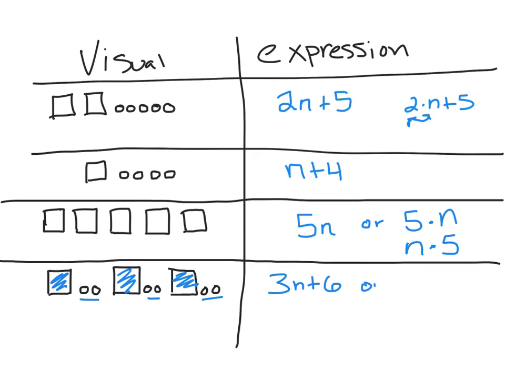However, you could also say that this is 3 times the quantity n plus 2. And I'm not going to take the time to really explain that right now. I'm just throwing it out there as something interesting to think about. You might be able to see a connection between that and the distributive property that we learned earlier this year.